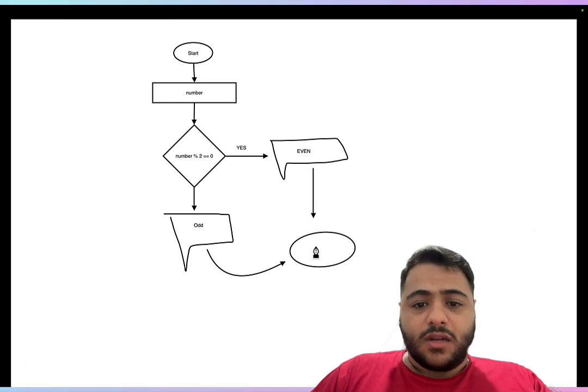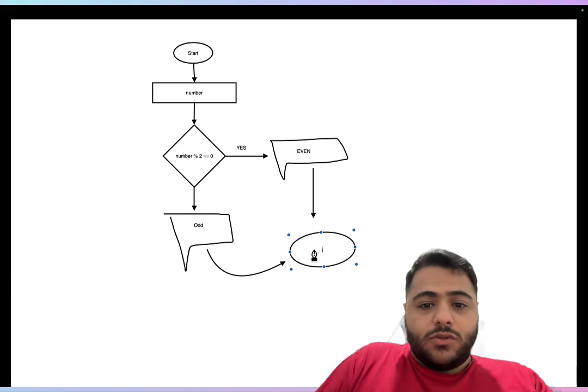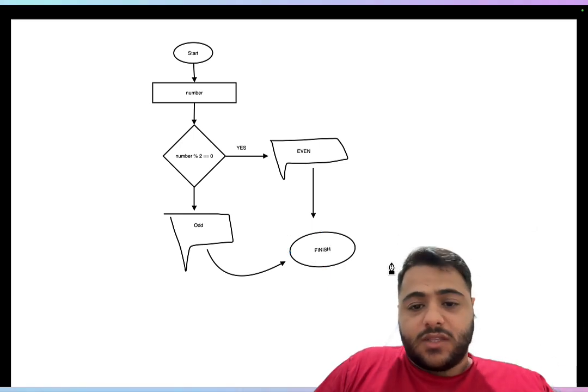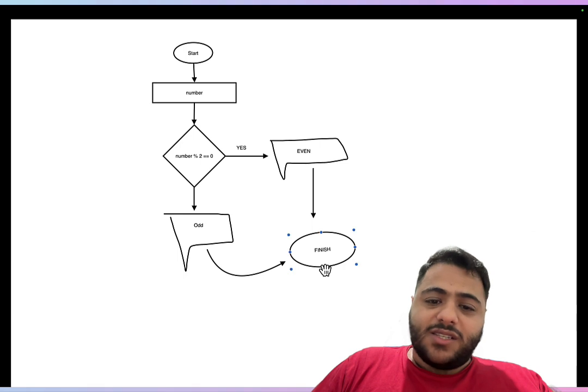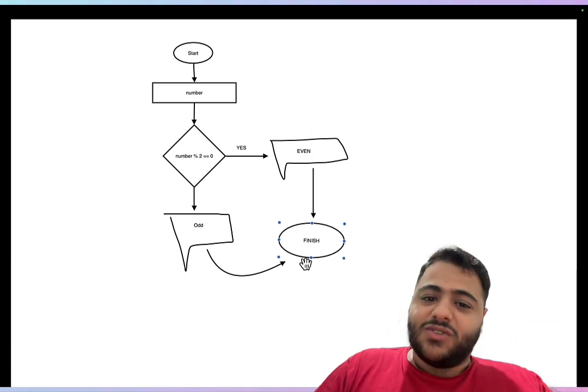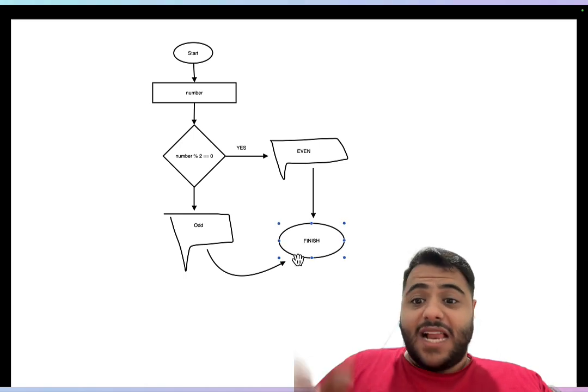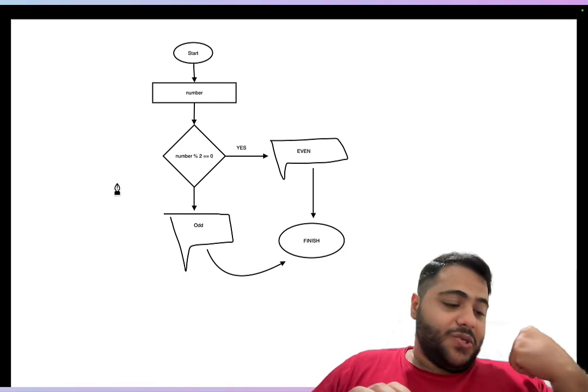Yeah, that's gonna be an arrow. This is our endpoint or finish command, whatever you want to write. It doesn't really matter, it's just shapes. It doesn't make any programs. I just want to teach you how you should think and break down the algorithm that is presented to you.